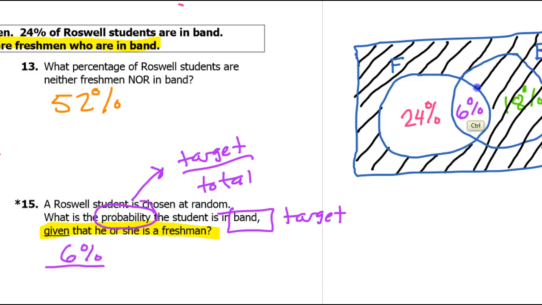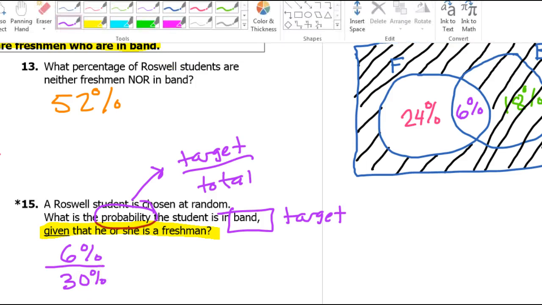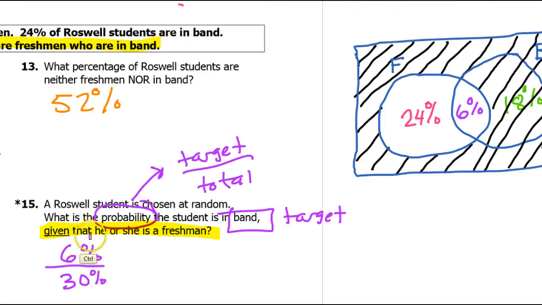Now the total, if I add both of these together, is 30%. The percent part is just going to cancel itself out, so you can forget about the percent aspect of this.